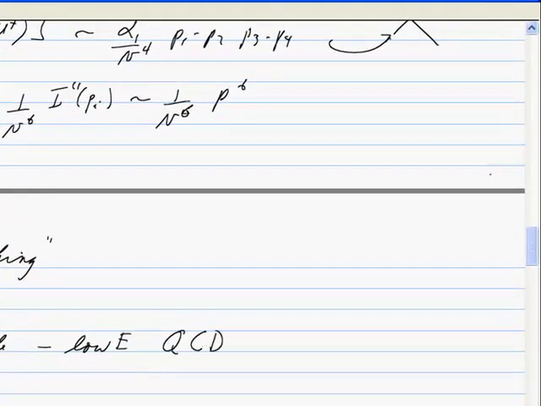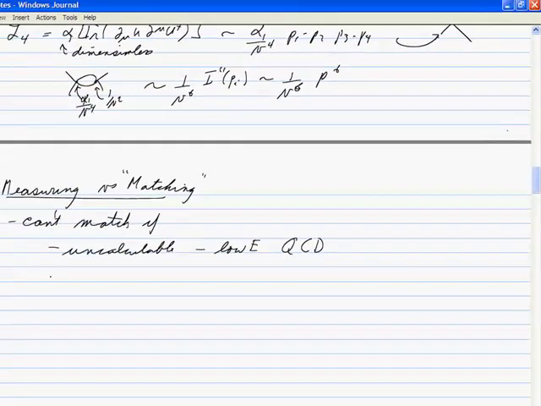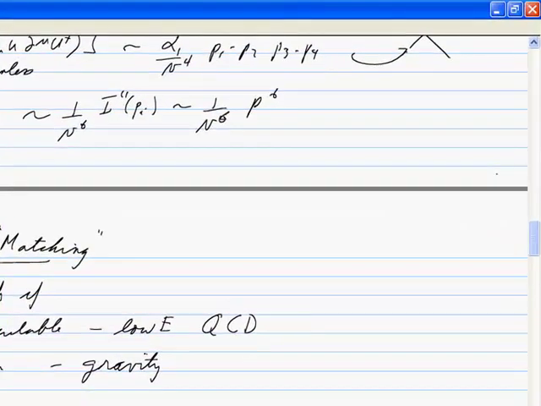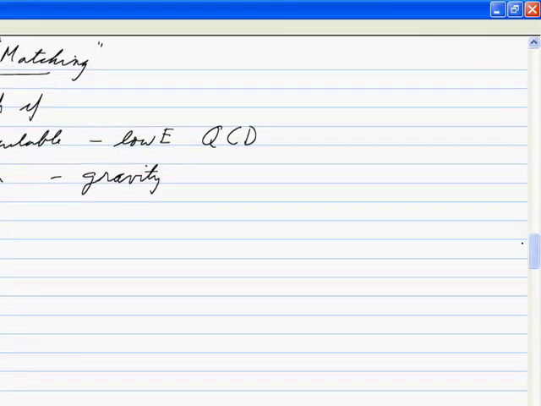At very low energies we have a hard time doing a calculation, so we can't match low energy QCD to an effective Lagrangian, or it could be unknown. Gravity is the case here. We want an effective Lagrangian for gravity. We don't know what the high energy theory is, so we don't know how to do this matching.